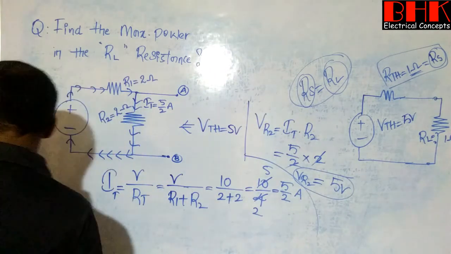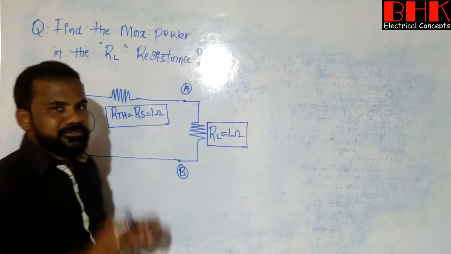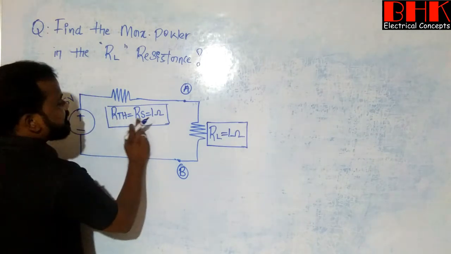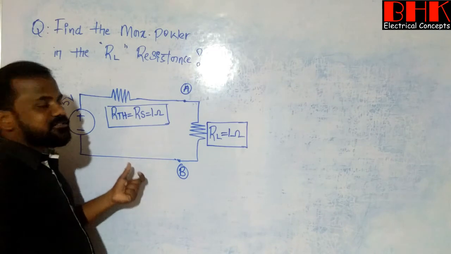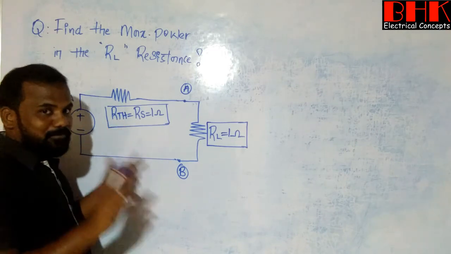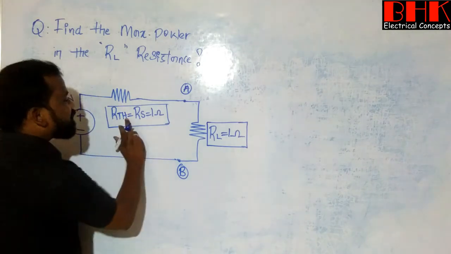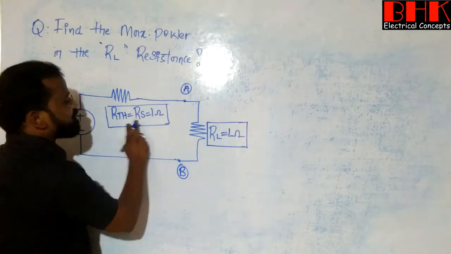So this is the final circuit we got by using Thevenin's theorem. Clear? So here RTH is equal to RS is equal to 1 ohm. Actually by using Thevenin's theorem we got RTH. But for the calculation of the maximum power transfer theorem, we are going to consider the Thevenin resistance value as the source resistance value.